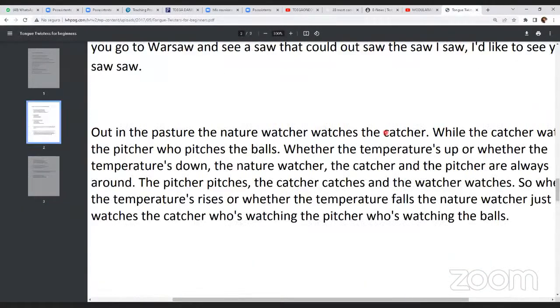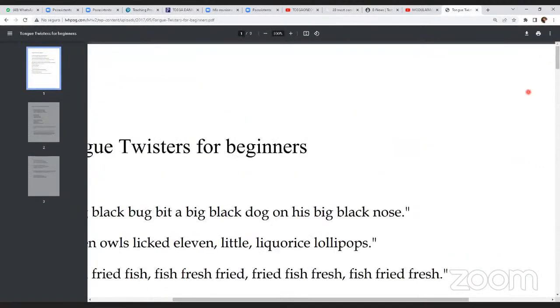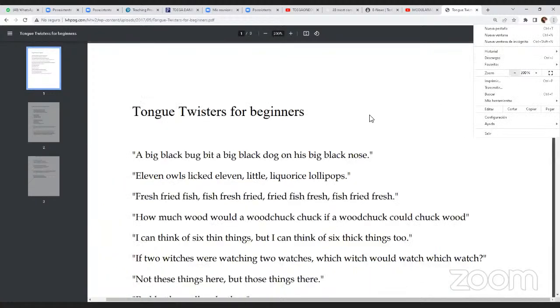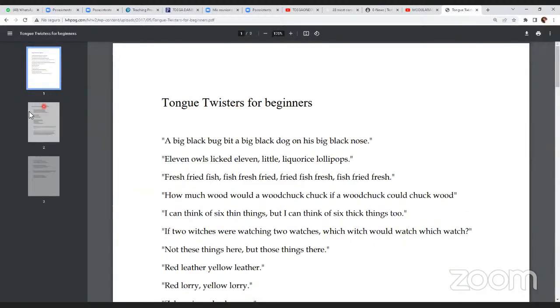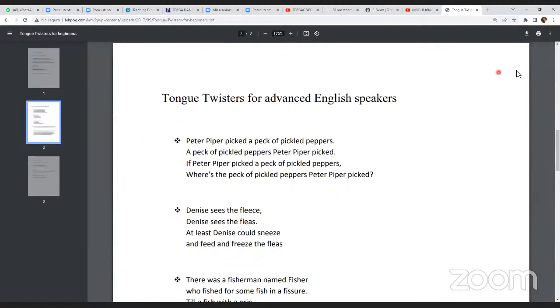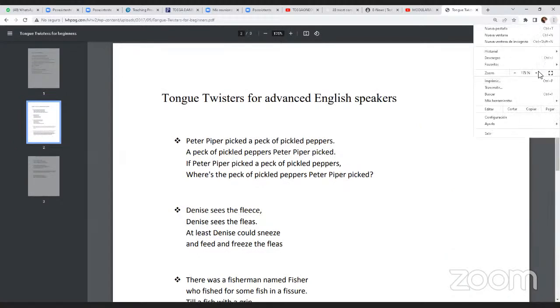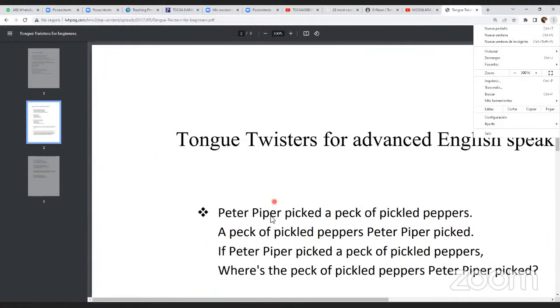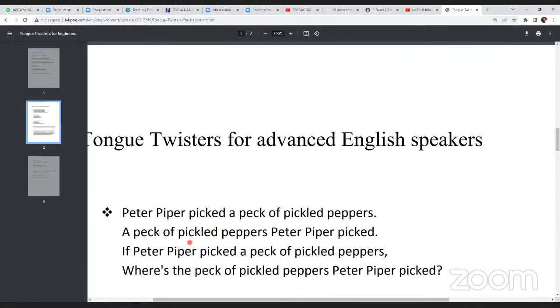So we're going to continue, right? We don't have too much time, so let's do it. This is a game, a tongue twister. The point of this is that you have to do it fast. I'm going to start. Here you have the first one.